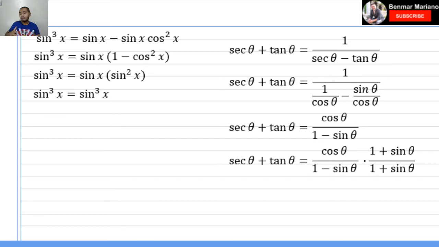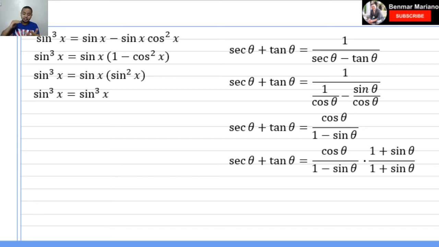Okay? Sir Ben, why is it that multiplying that by 1 will not change the value of cosine theta over 1 minus sine theta? Simply because this is equivalent to 1. If we multiply a number by 1, it is still the same number. Okay? Next, how are we going to identify that that is the expression we must multiply for us to finish the task here?